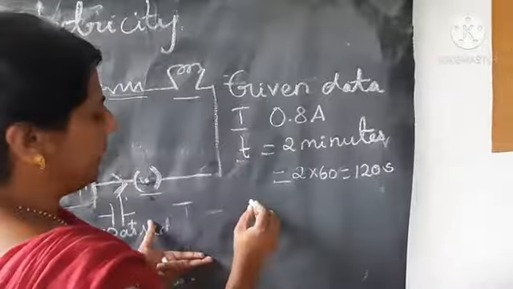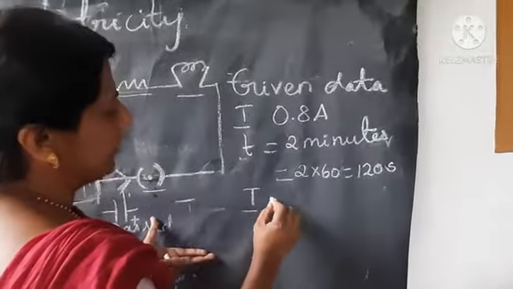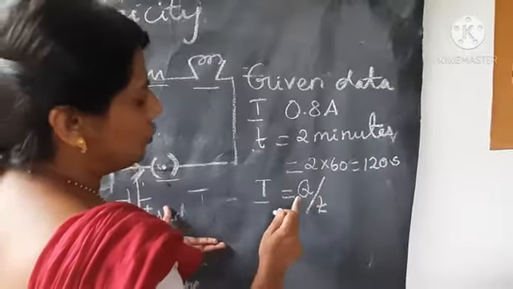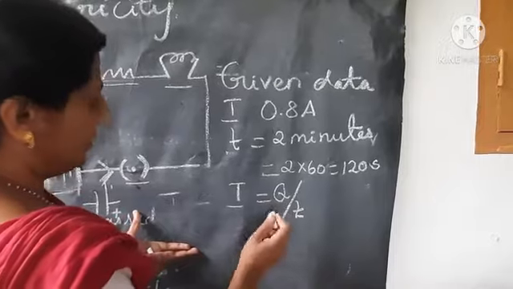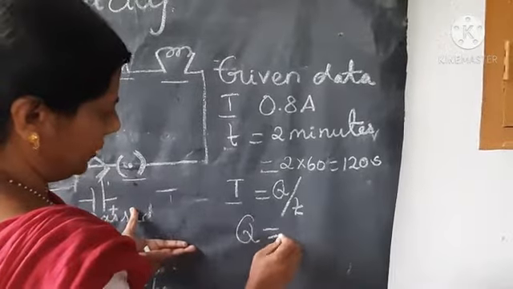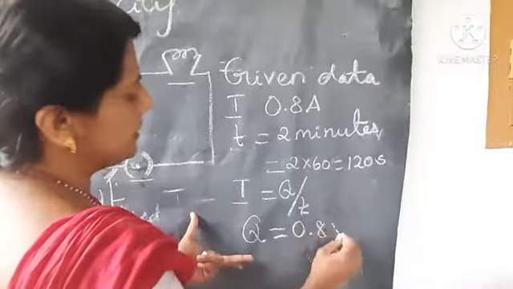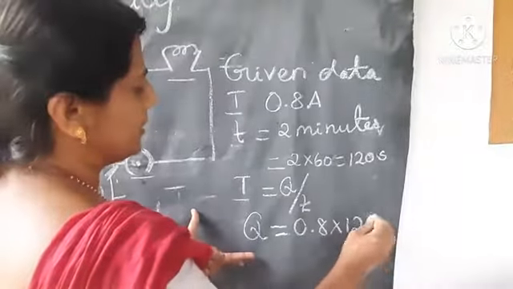What about the formula? Next step you are writing formula. I = Q/t. We have to find the Q. So Q is equal to I times t. I is 0.8, t is 120.